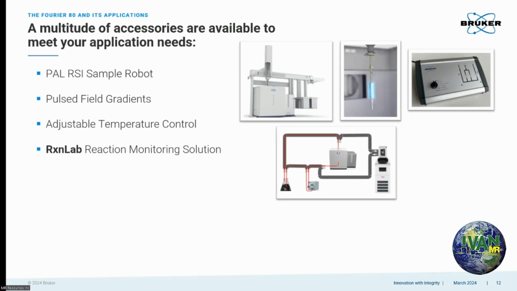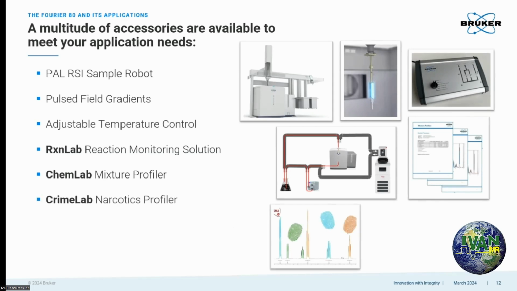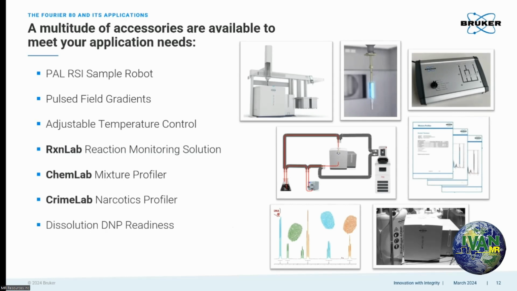Reaction Lab is our complete reaction monitoring solution. We have Chem Lab for chemical mixture profiling and reporting, and Crime Lab for narcotics profiling and reporting, as well as dissolution DNP readiness for hyperpolarization experiments on your Fourier 80.